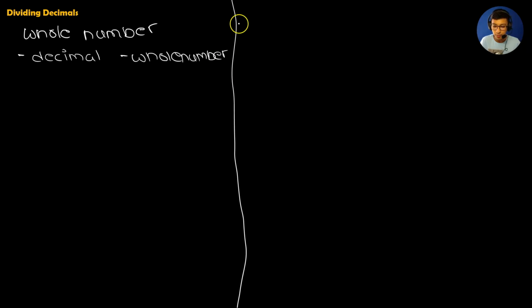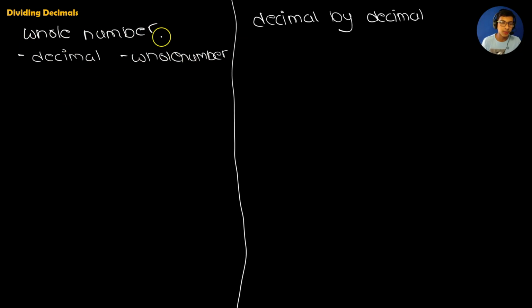Another one is where you are dividing a decimal by a decimal. So basically, as it says in the title, we're dividing a decimal by a decimal, and we will look into both of them. Let's start with the left one here, whole numbers.